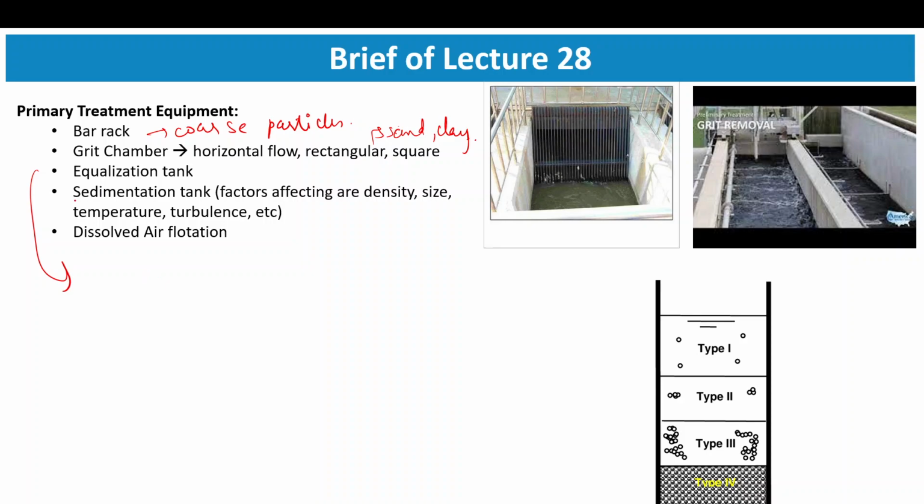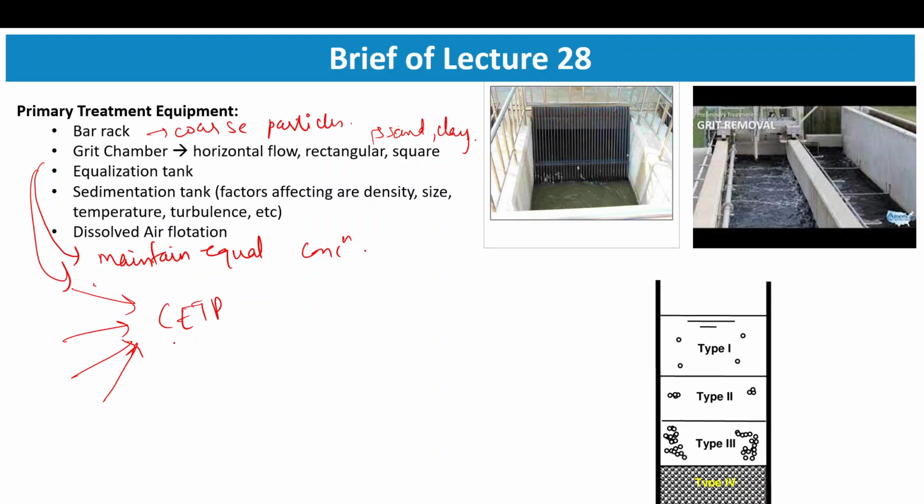So the equalization tank is to maintain equal concentration every time. For example, I gave you an example of CETP where wastewater comes from multiple industries. If they are operated in batch, then the concentration of pollutant and the type of pollutant will vary with time.